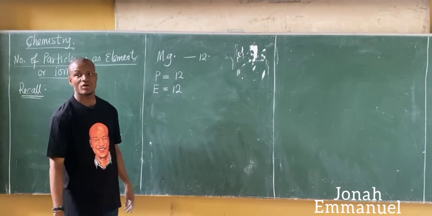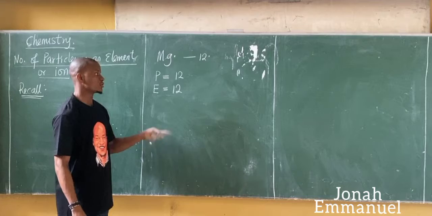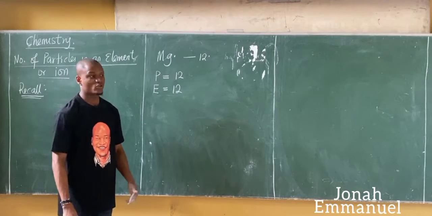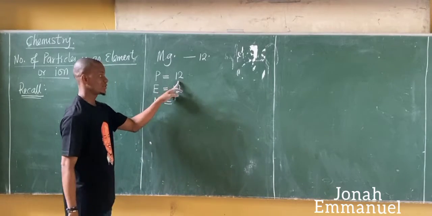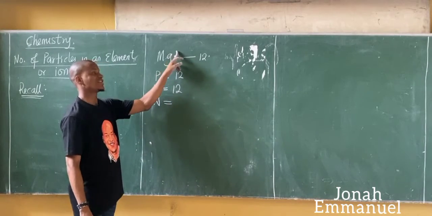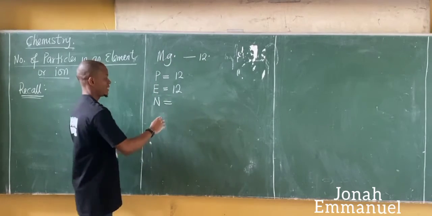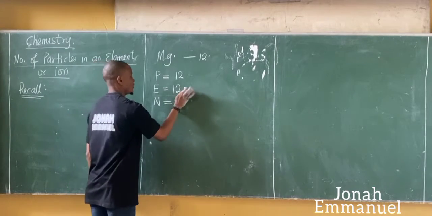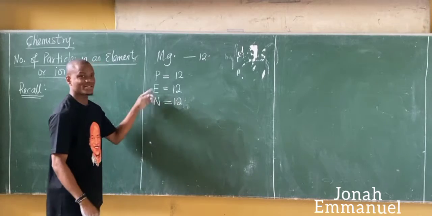So I have 12 protons, 12 electrons, because it's neutral, there's no charge on it. How many neutrons do we have for this? Actually 24. Alright, sorry, 12 neutrons. So I have 12 neutrons for this. Is it always the same thing? No.